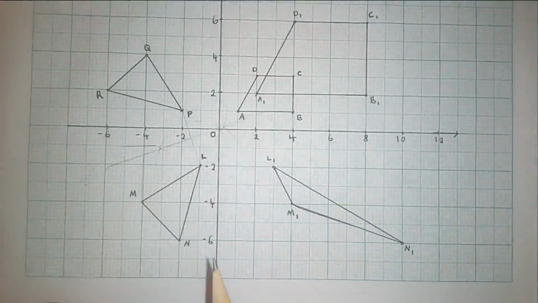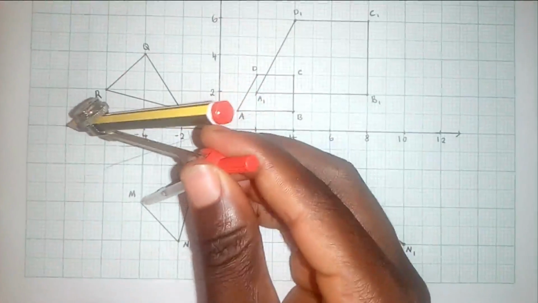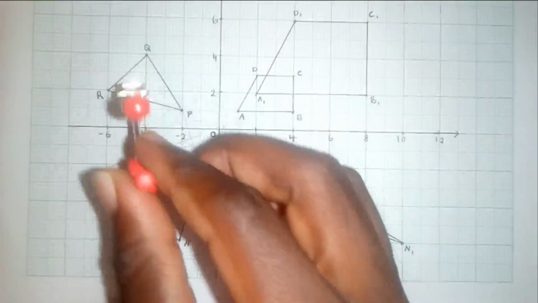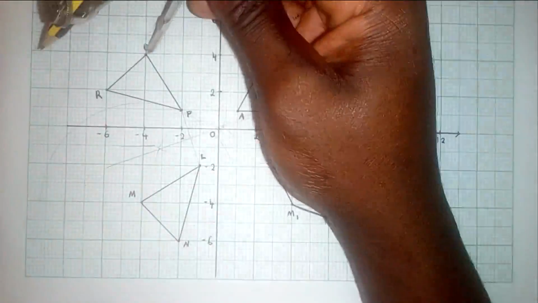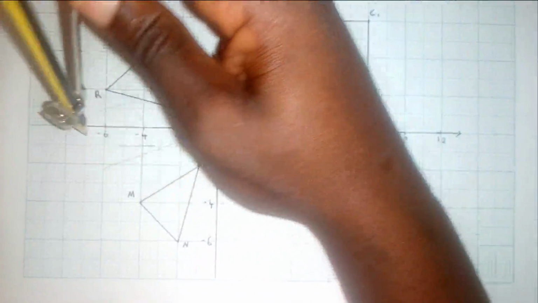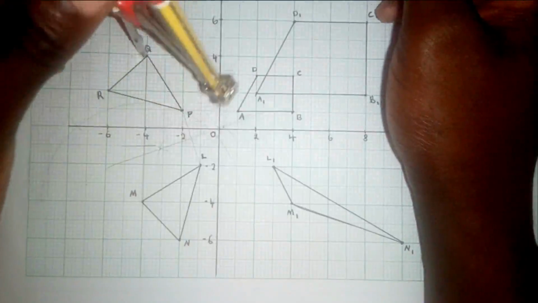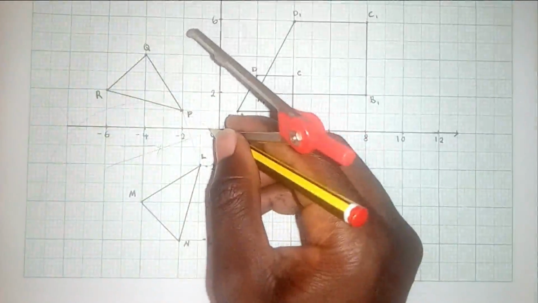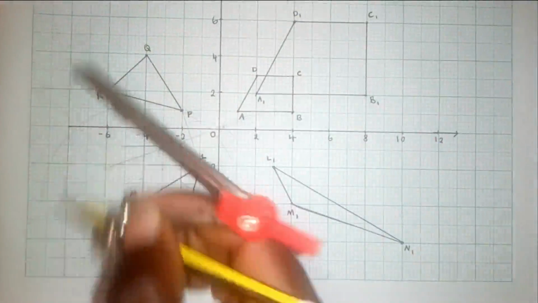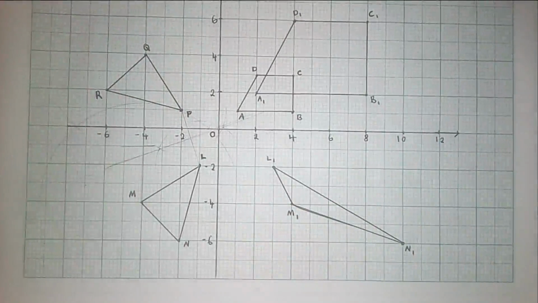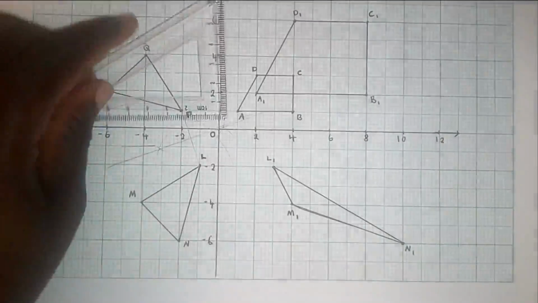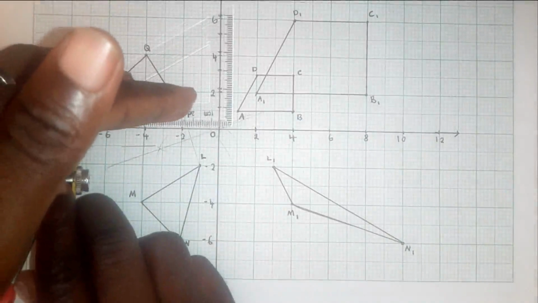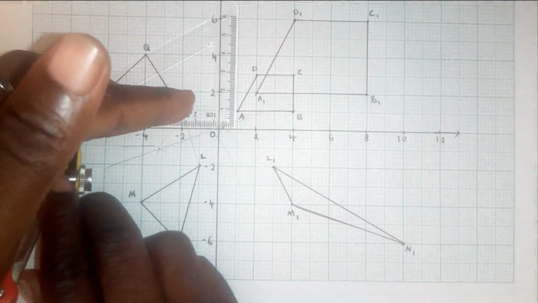You do the same and bisect. The points are here and here, so you join the 2 points, and you find that your line is passing through the center.